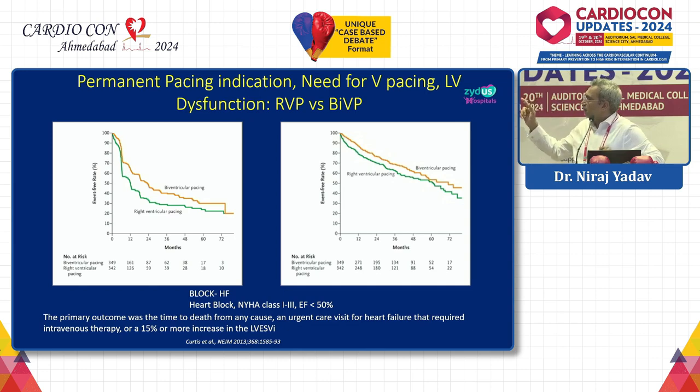Now here, the biventricular pacing graph runs parallel to RV pacing. The divergence only happens late in the course. The adverse clinical events continue to happen, but they happen later. So though it is better than RV pacing, it's not an ideal solution in patients who have LV dysfunction and a requirement of RV pacing.